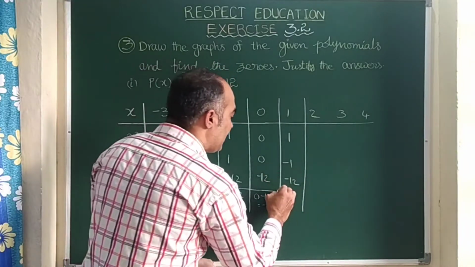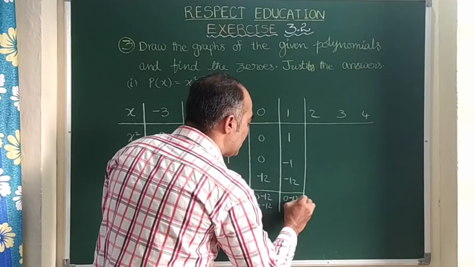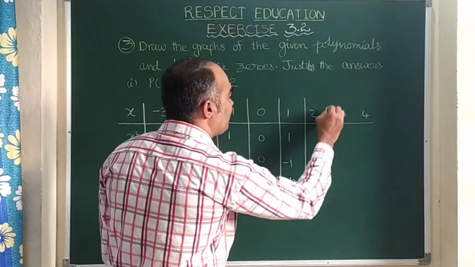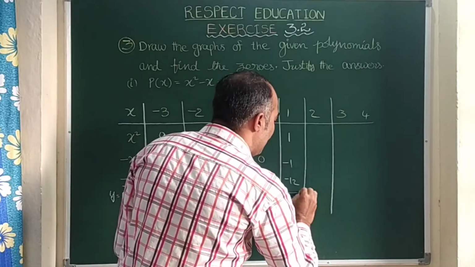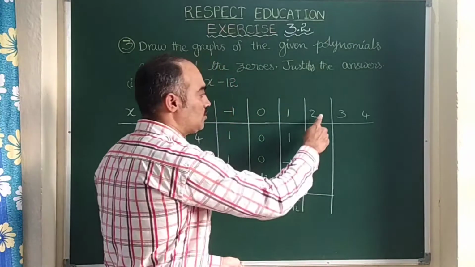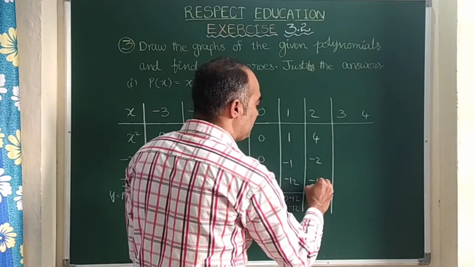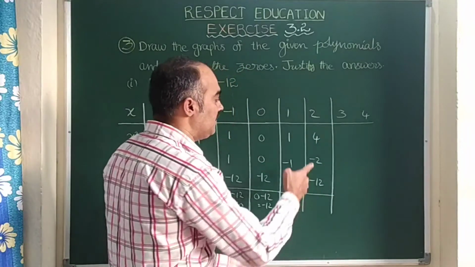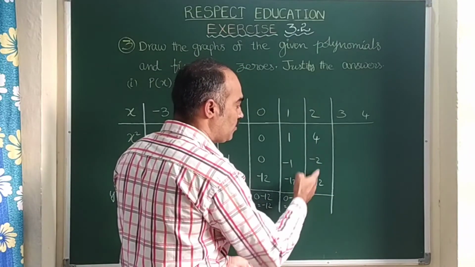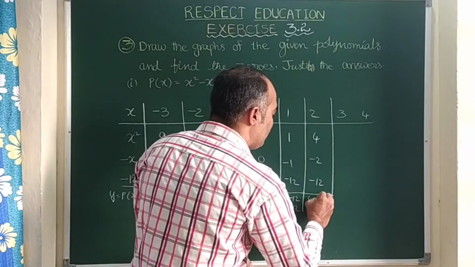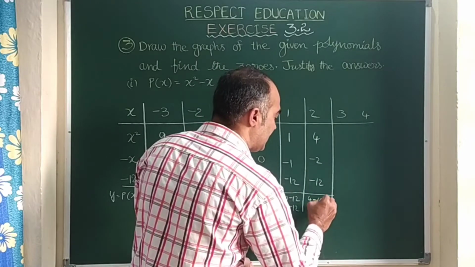This is minus 12. So it is 0 minus 12, which is minus 12. Let us go to the next value, that is 2. 2 square is 4. Minus 2 is minus 2. This is minus 12. Here you see minus 2 minus 12 is minus 14. 4 minus 14 is minus 10.